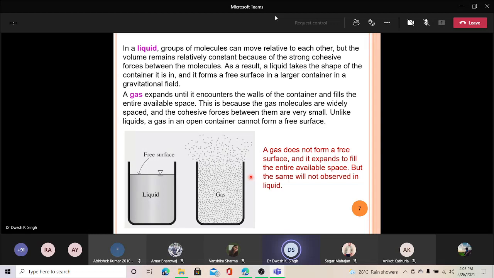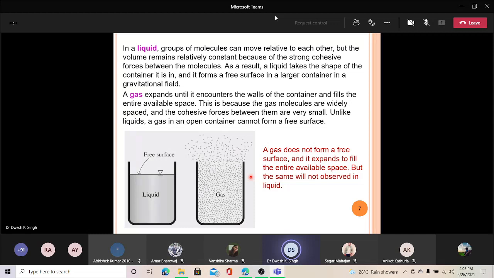Due to this reason, another phenomenon is that liquids always take the shape of the container because of the gravity force. Due to the gravitational effect, the liquid generally takes the shape of the container in which you keep it. But that does not happen with gas.